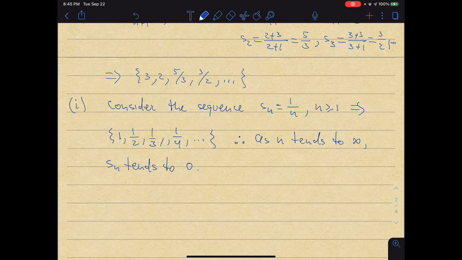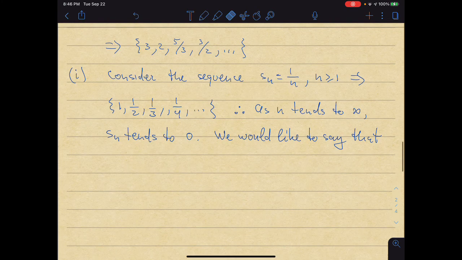So we would like to say, in this case, that the limit as n goes to infinity of Sn is equal to 0.